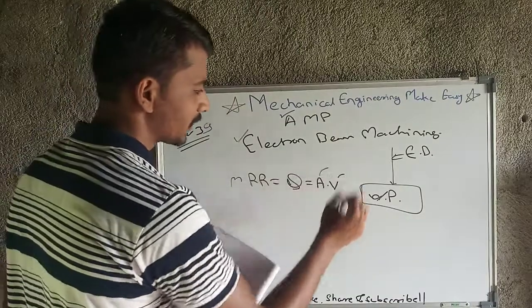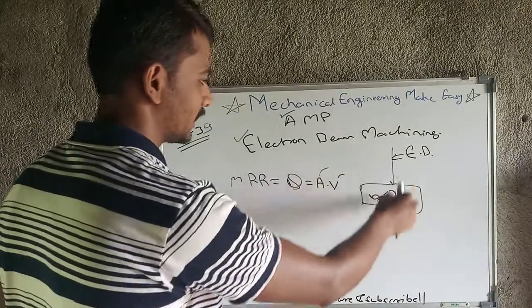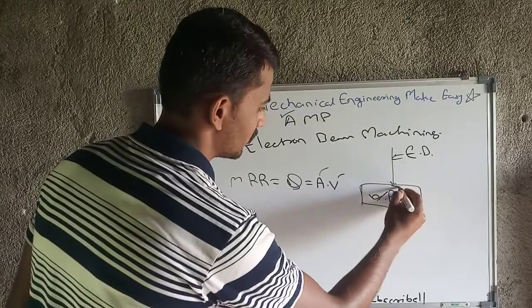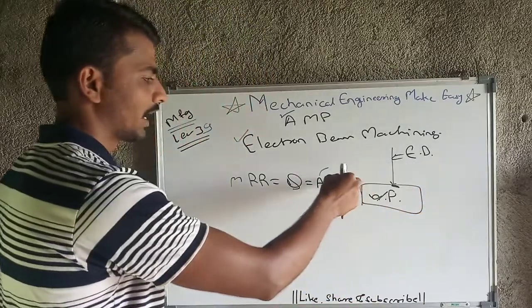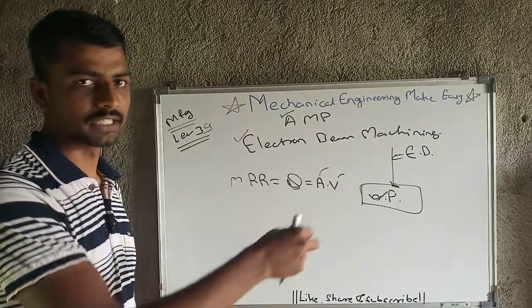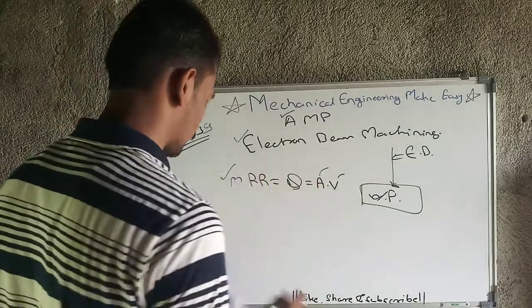Which area and which velocity? That is nothing but the area where the beam is impinging there, and the velocity of that beam. This is nothing but MRR.